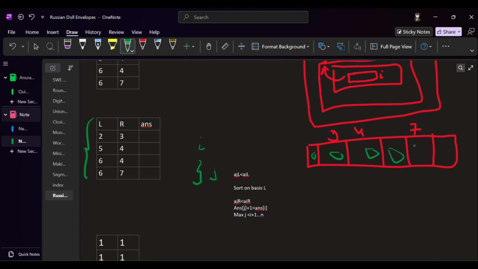Now when calculating the answer for i, whenever we calculate an answer, we are going to update this segment array, corresponding A[R], with this answer of R.